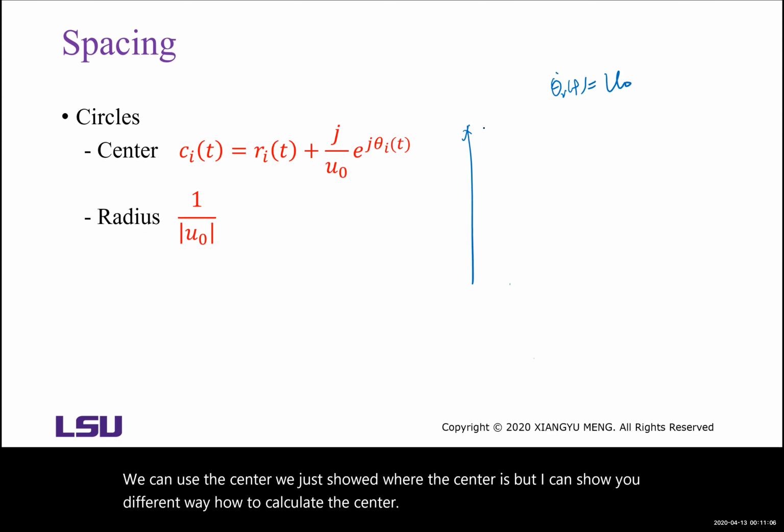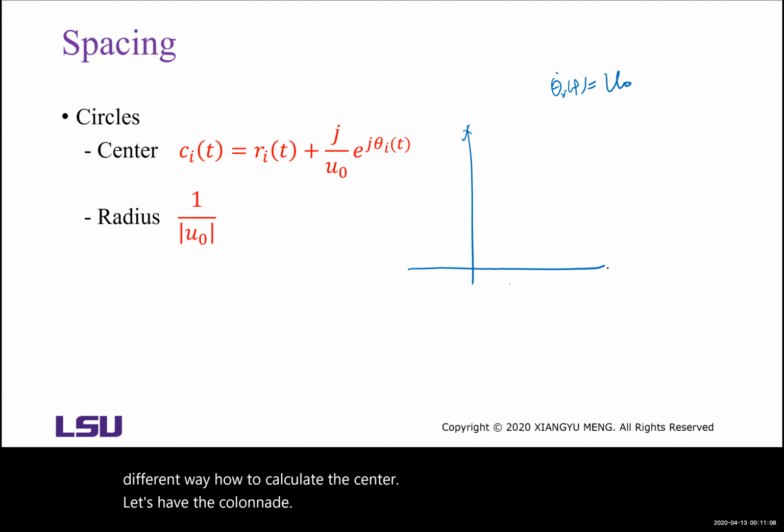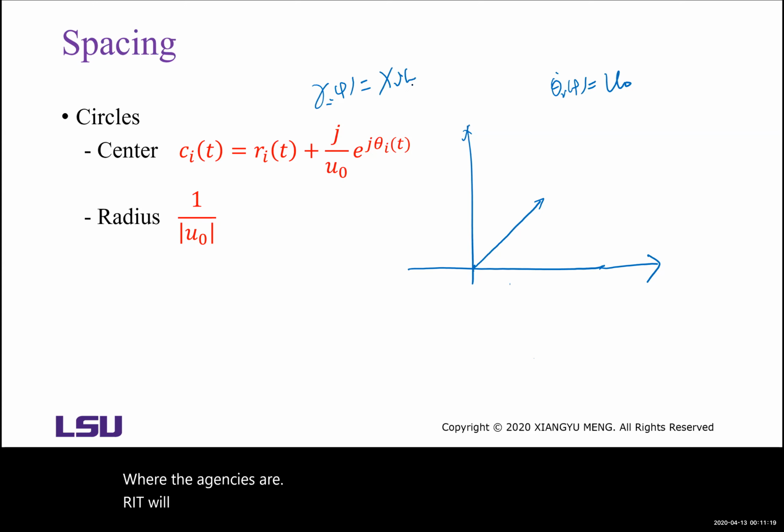Let's have the coordinate. Suppose this is R, where the agent is. So ri(t) will be xi(t) plus j yi(t): the position of the agent, x coordinate xi(t), y coordinate yi(t).